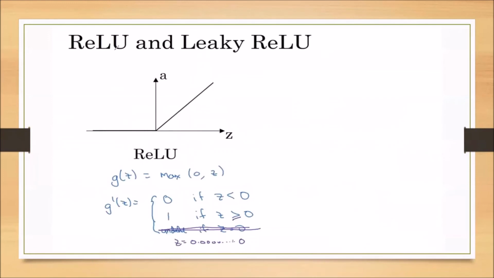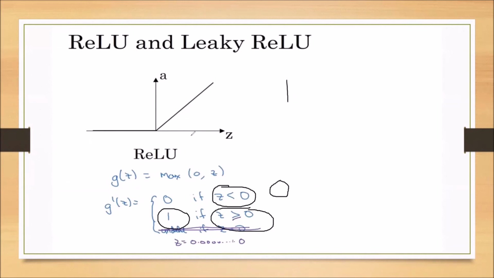When we use the rectified linear unit, for z less than 0, the differentiation is 0. Why is the differentiation 0? Because the value itself is 0. For z greater than or equal to 0, the differentiation is 1. Why is the differentiation 1?